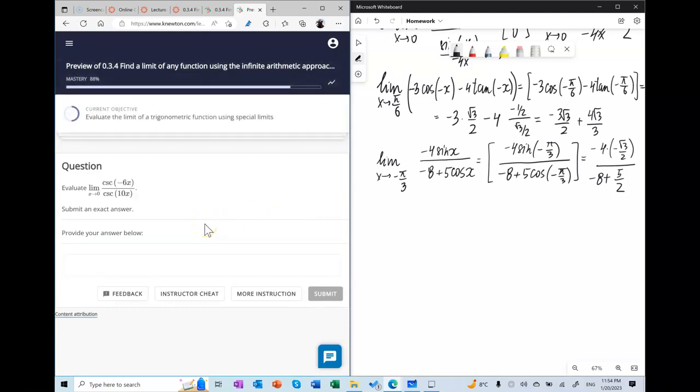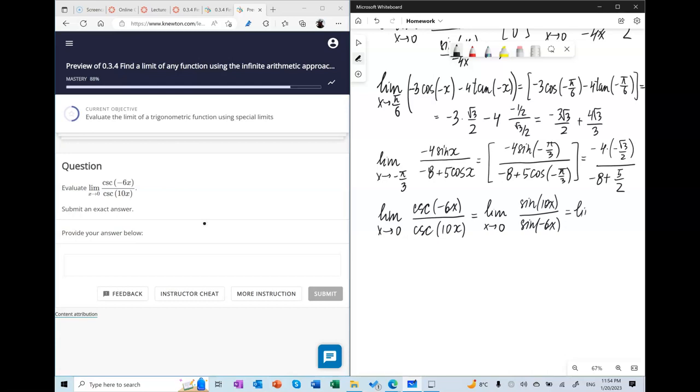We've seen a problem like this before, right? And now that we have seen it, we can be a little bit more efficient this time. So how can we be a little bit more efficient? Well, we're going to apply the reciprocal identity here and rewrite this as sine of 10x divided by sine of -6x.